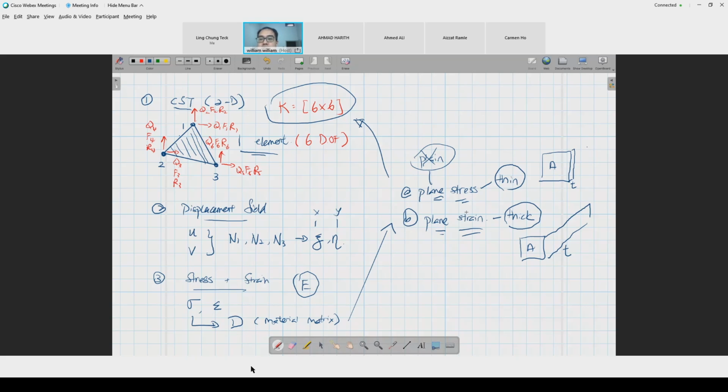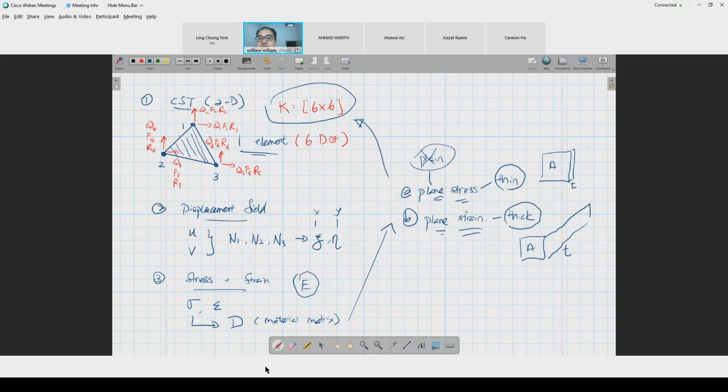Theoretically, you should not use the plane stress or plane strain assumption if the thickness and area are comparable. But during the test, or for example in the examples, I give you very absurd thickness and area, but I do state the assumption. That is just an example. I do remember in the examples I gave you very absurd thickness, which basically doesn't fulfill the plane stress and plane strain assumption. Those are just examples only.